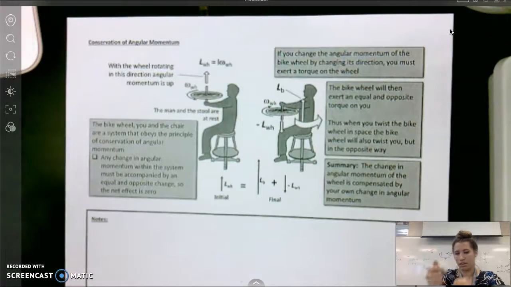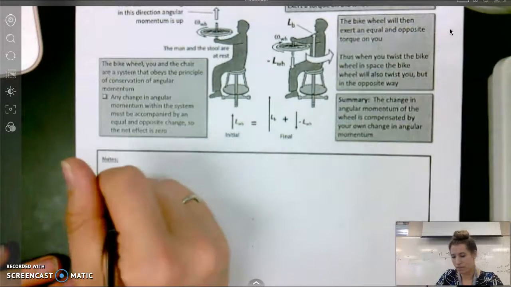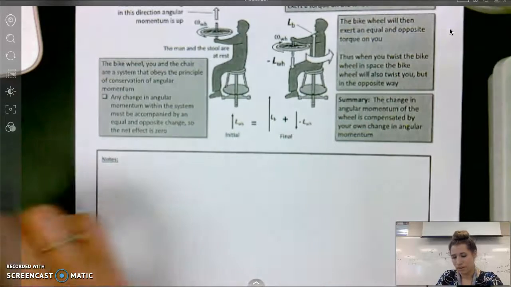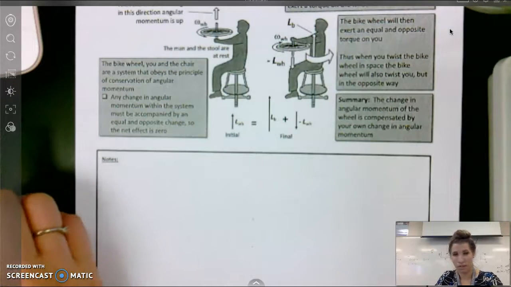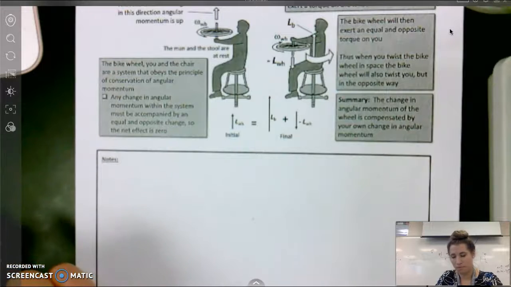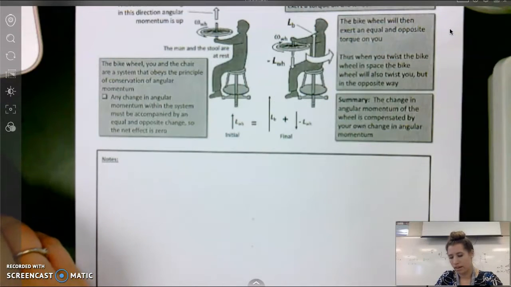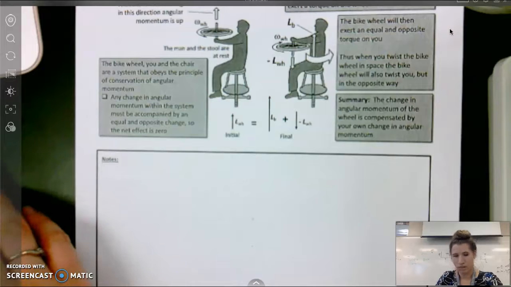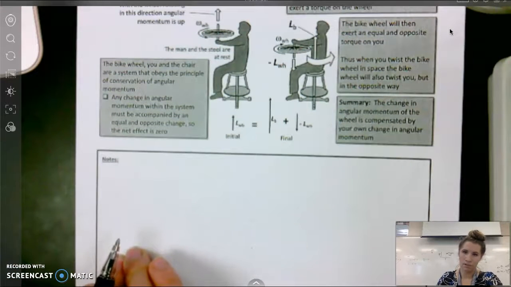And this is really interesting to see because it's like saying, we know how we said that force is analogous to torque for rotational motion. And we know from Newton's third law that if we apply a force, like if I push down on the table, the force of the table is pushing back up on me, right?